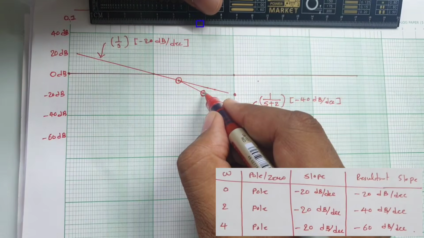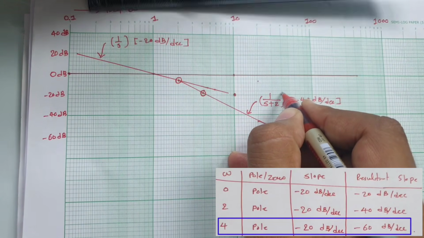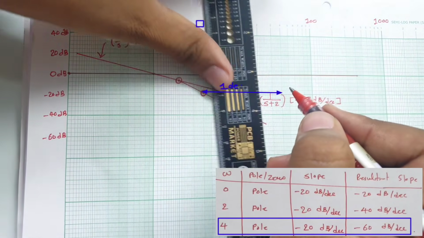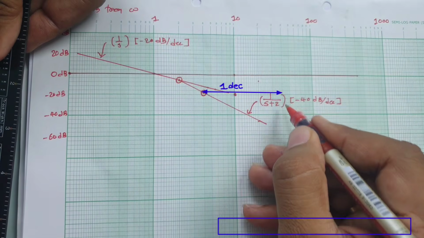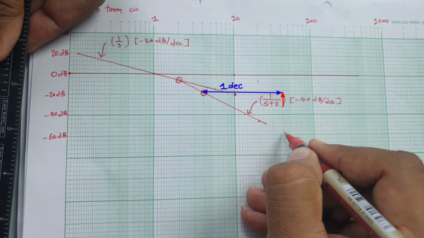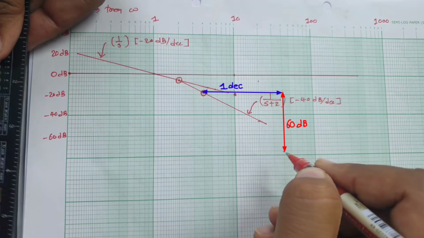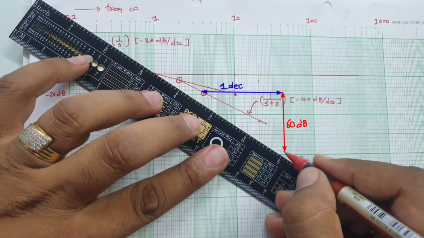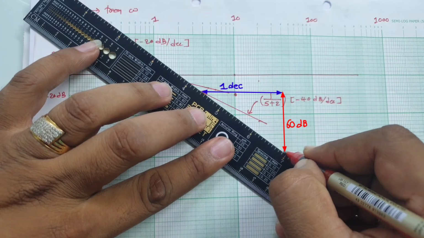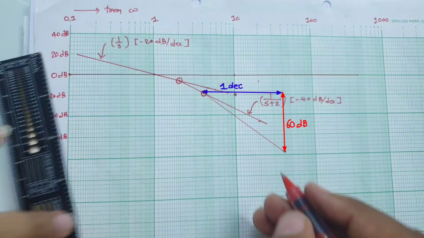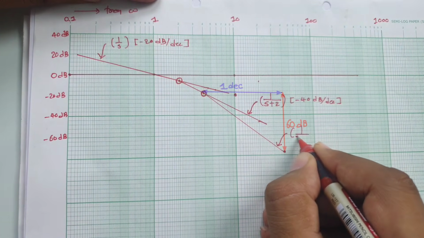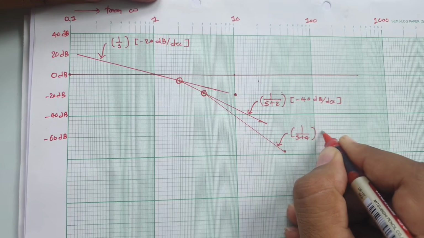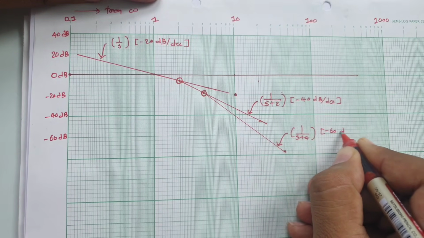Now 4 to 4 somewhere over here, and 60 dB, so here to here 20, here to here 40, here to here 60, right? So all I need to do is stretch a line from this, and this is our third line, that is 1 by S plus 4 line, having a slope minus 60 dB per decade.